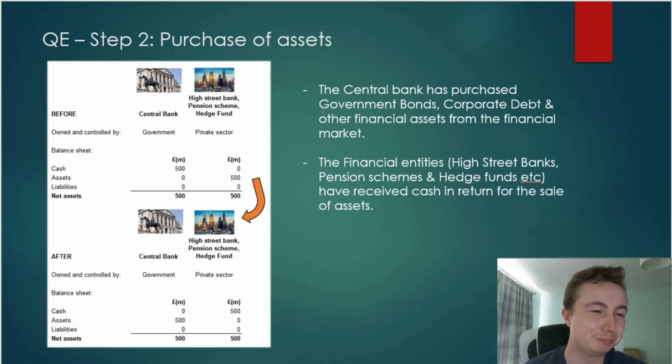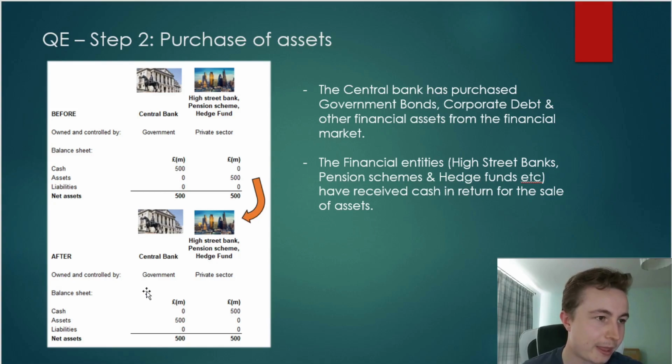So let's read it. The central bank has purchased government bonds, corporate debt, and other financial assets from the financial market. So if this is the position before, newly printed 500 million of cash, the assets are still owned by the private sector, the transaction happens, and let's follow the arrow down. What happens after this transaction has taken place?